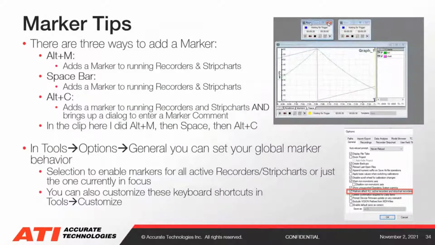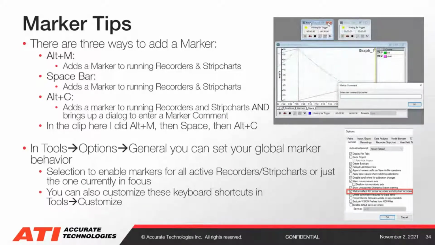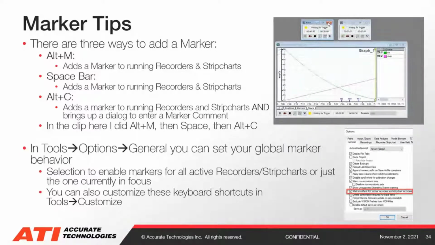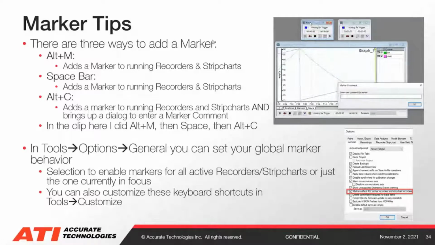All right, so some marker tips. There are three ways to add a marker by default. You've got your Alt-M and spacebar, which do exactly the same thing. You can see in this video loop playing right here, I did Alt-M, then space, and then Alt-C.